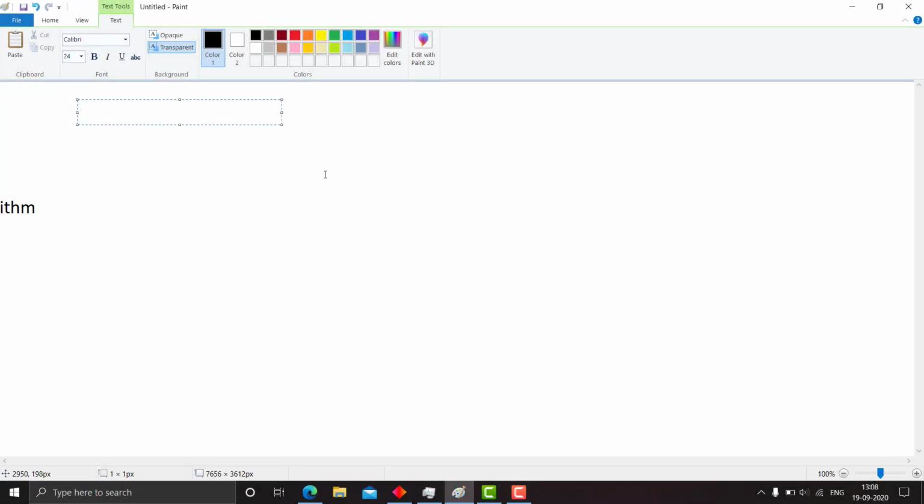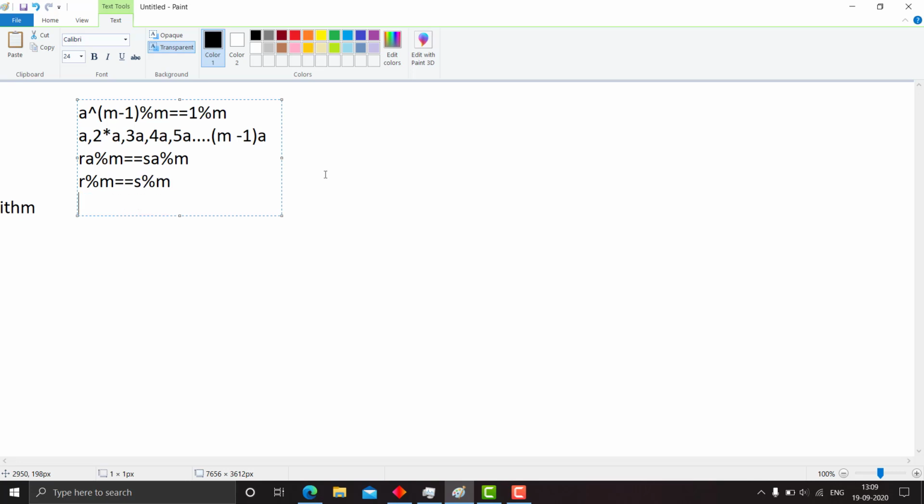Now we prove this theorem. Simply consider all the multiples of a till m minus 1 times a. Now if any two of them are the same, that would mean a contradiction, but this is not possible.